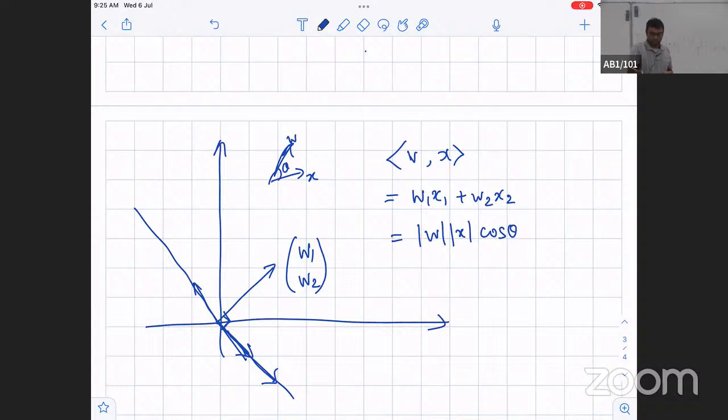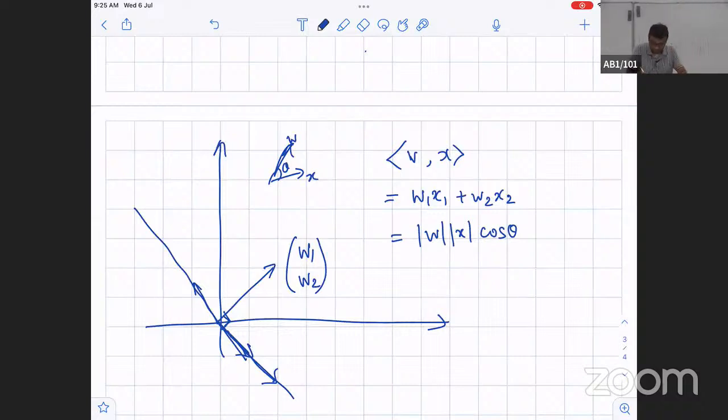Now, does anyone know why these two are equivalent, why it's true? It's a very interesting exercise. So this is something that you can try.